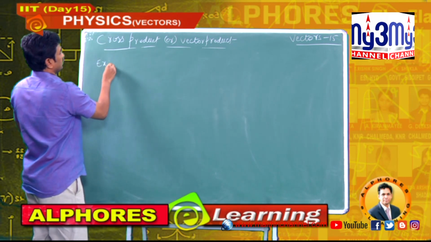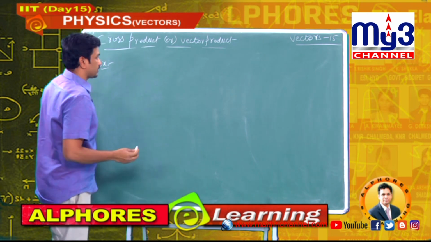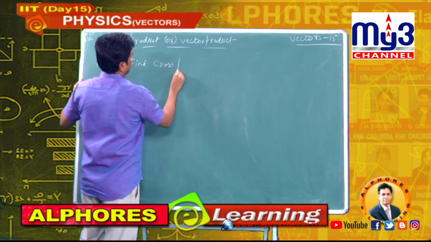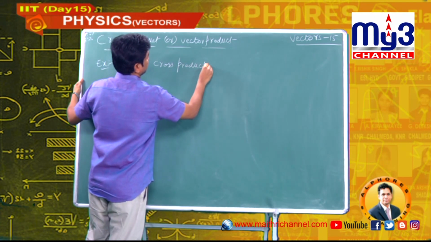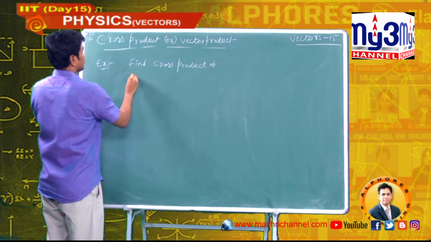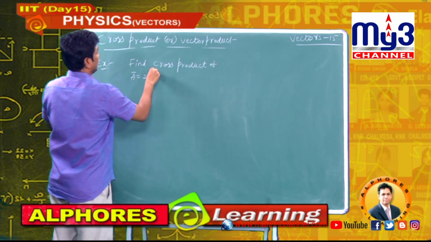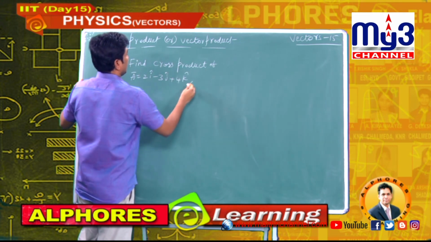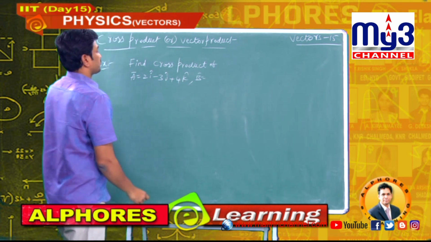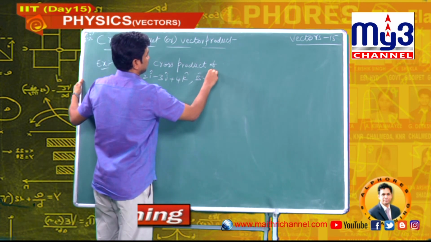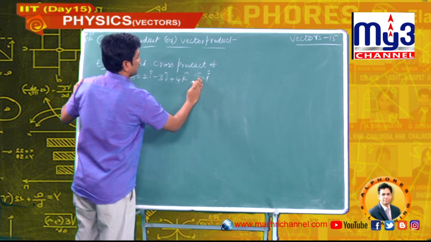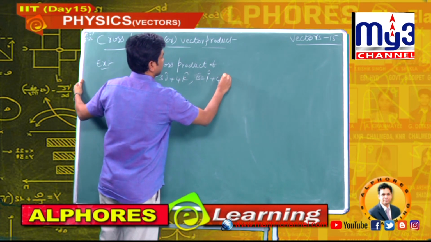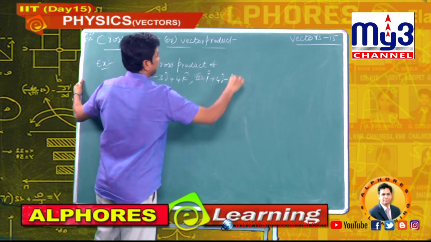See here, I am trying to calculate a cross product. Find the cross product of two vectors: a bar is equal to 2i cap minus 3j cap plus 4k cap, and b bar is equal to 1i cap plus 4j cap minus k cap.